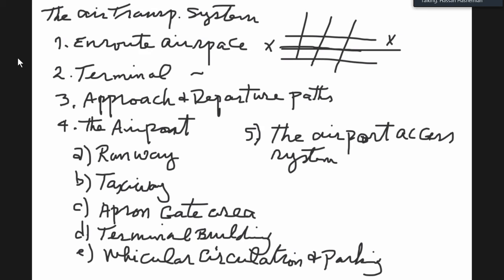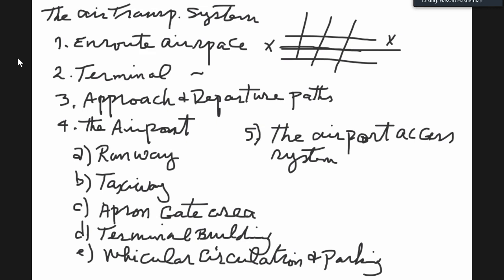There is a terminal airspace, which is similar to this, but it has different regulations, which are very attached to the terminal. It's close to the terminal, so there are different rules and regulations, but it is still a network of pathways to get to the terminal or to land.